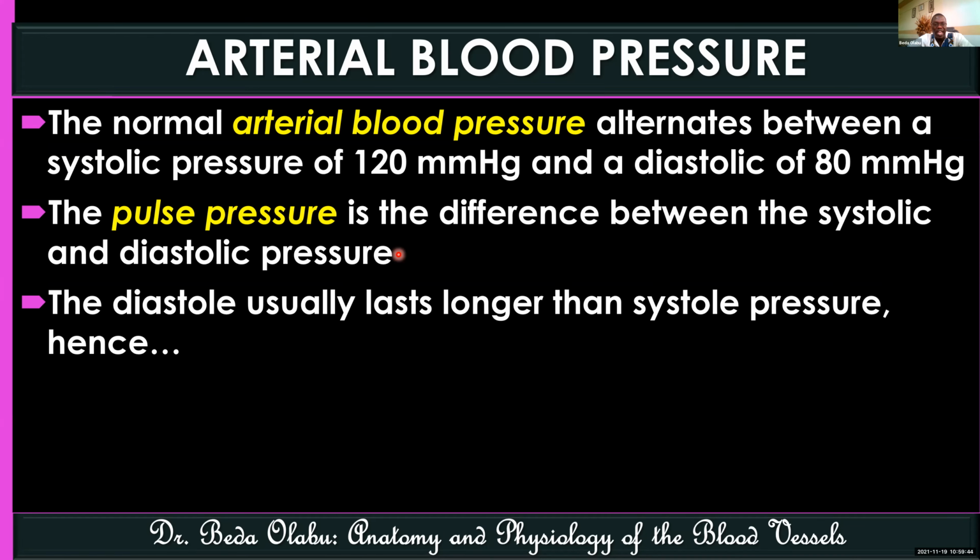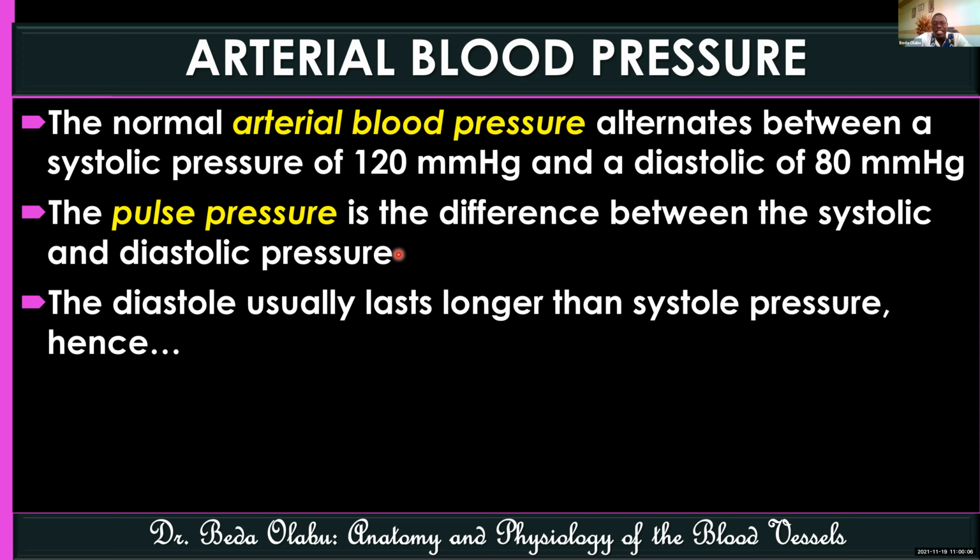And so that's the time we have the systolic pressure. But all this other time, we don't have the systolic pressure, we have the diastolic pressure. And so the diastolic pressure lasts longer than the systolic pressure. What's the implication of that?